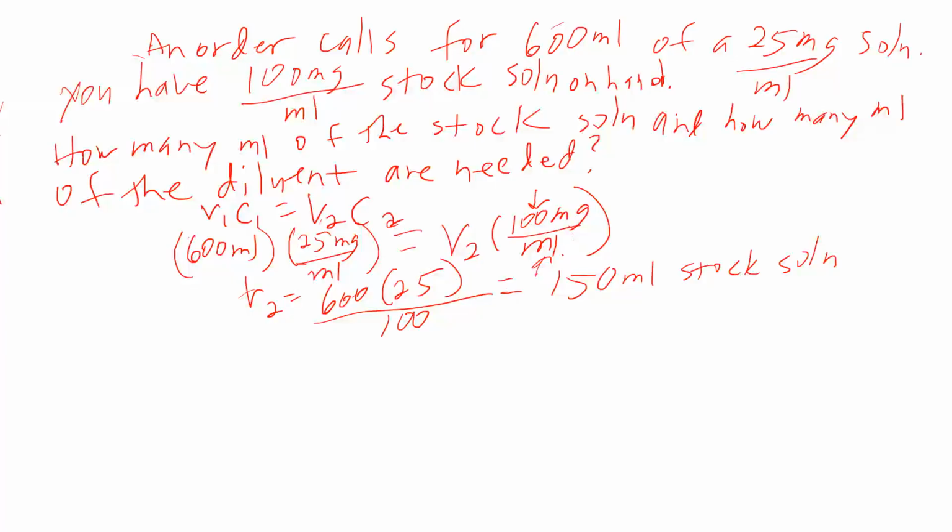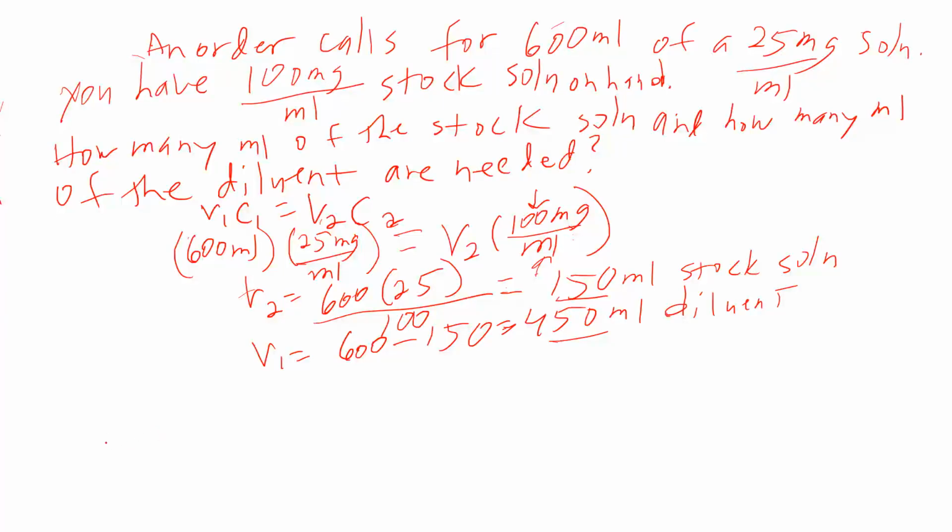And then if we want V1, the diluent equals 600, which is the total volume, minus 150, and that equals 450 of the diluent. And if you add those up, you get 600.